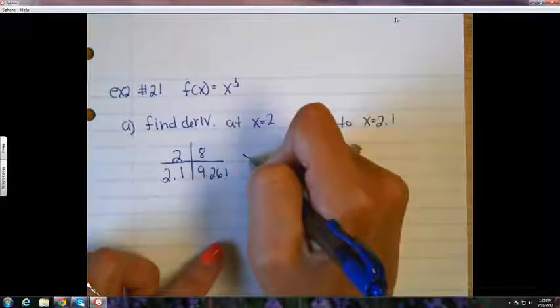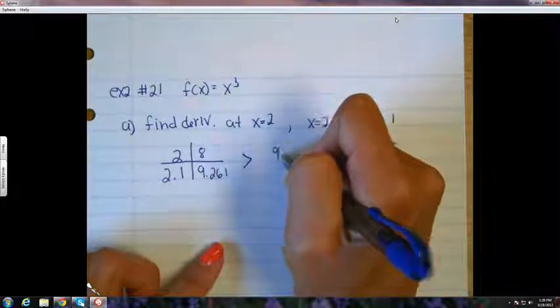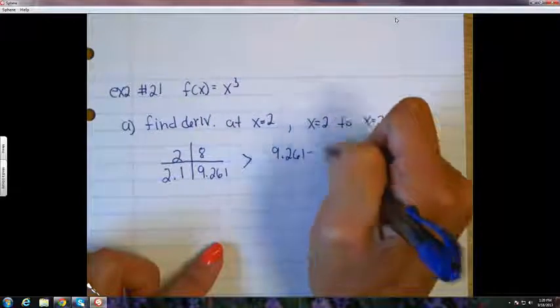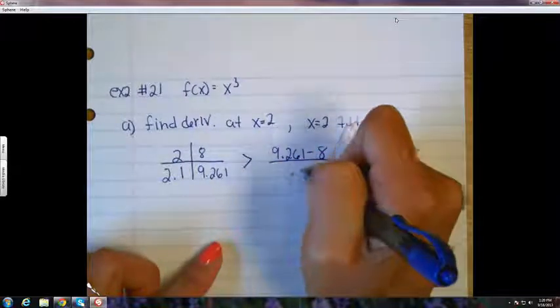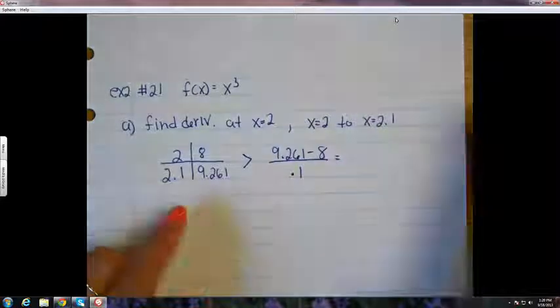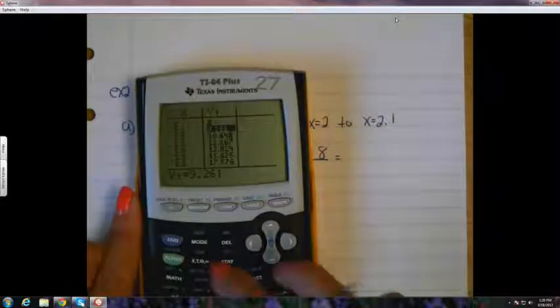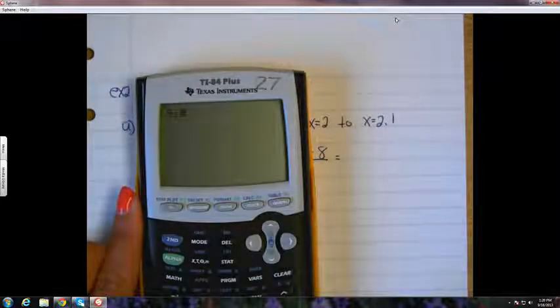So the derivative will approximately be 9.261 minus 8 over 0.1. 9.261 minus 8 divided by the 0.1, 12.61.